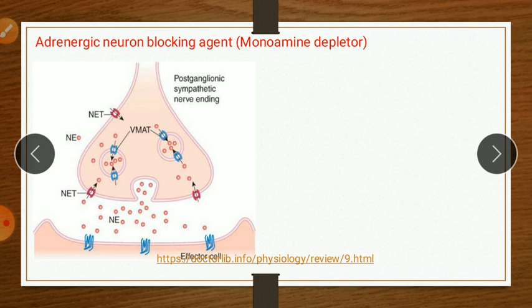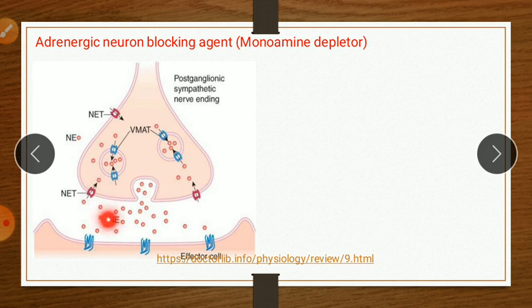Similarly, for dopamine there is a transporter called DAT, dopamine transporter. For serotonin, there is a transporter SERT, serotonin transporter. So there are various transporters for the different neurotransmitters. Here noradrenaline, after release into the synaptic cleft, is reuptaken by the transporter called NET, norepinephrine transporter.